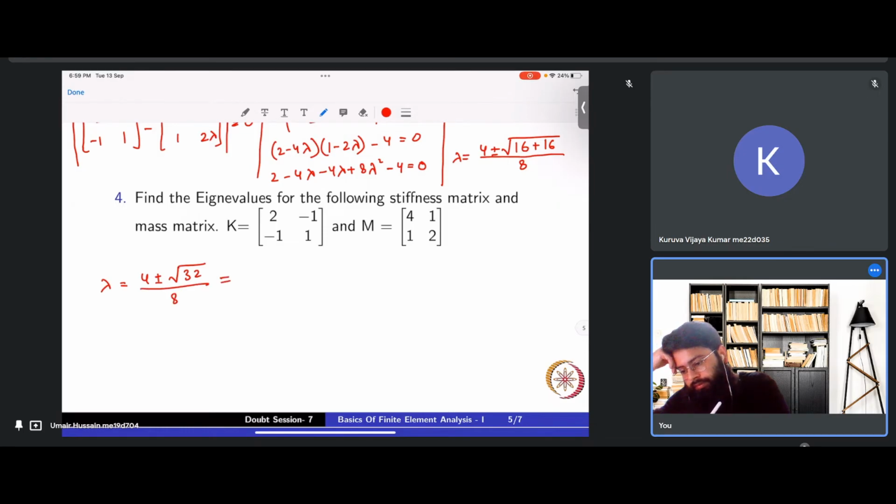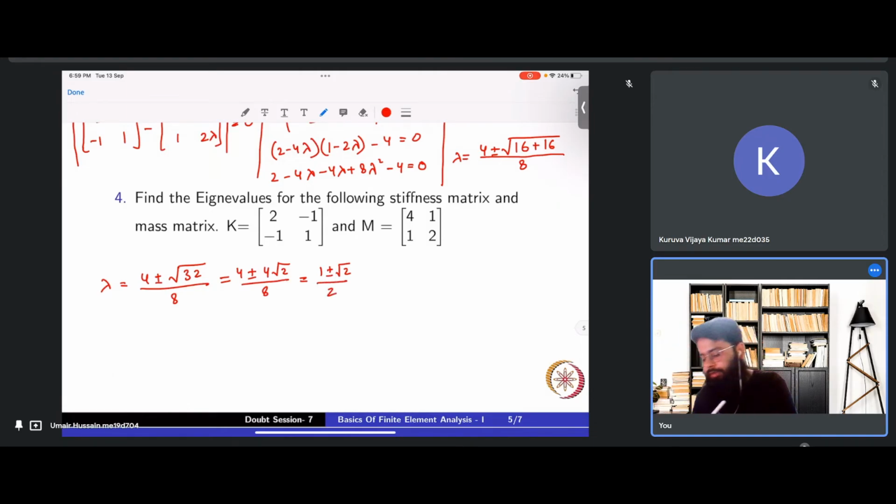That makes, we can further solve it. 32 is 2 to the power 5, so we can get it as 16 times 2, right? So 4 plus minus 4 root 2, right? Or 1 plus minus root 2 by 2.